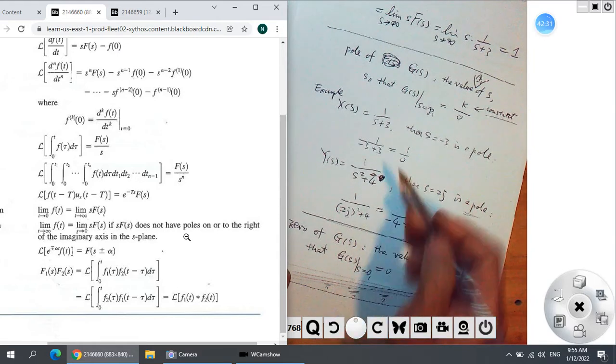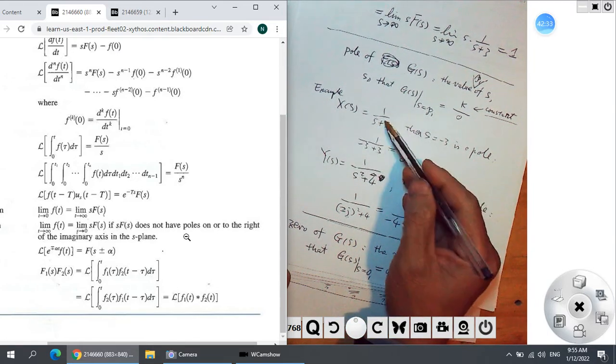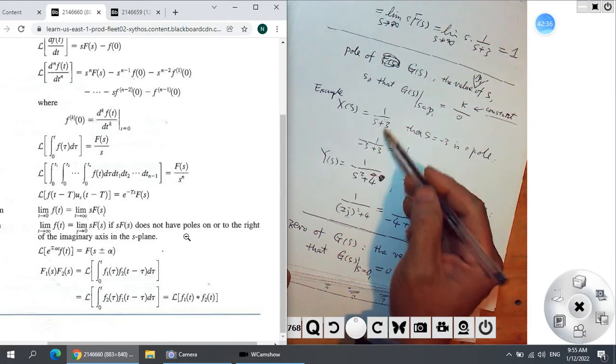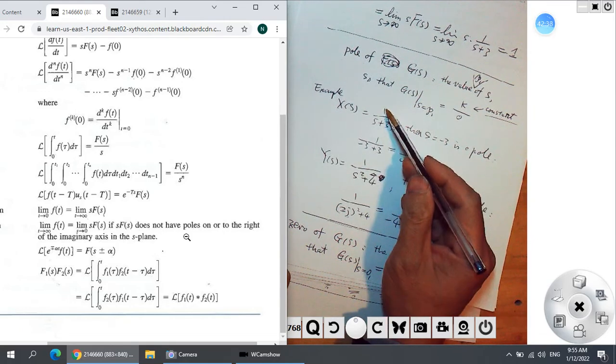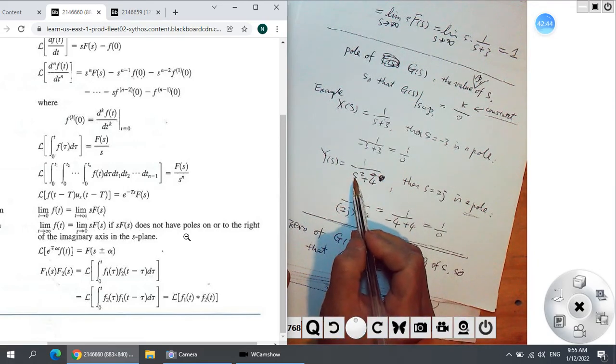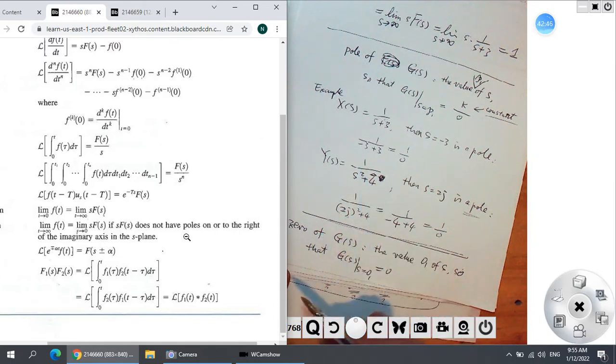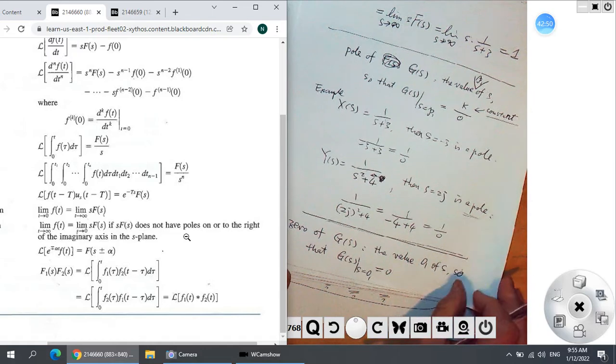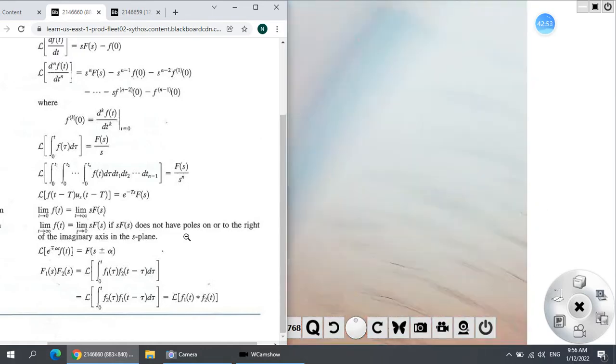Like these two examples, we do not have zeros, no matter what s is. The numerator is always 1, then the whole thing cannot be 0. Maybe you can think s going to infinity gives 0, but usually we do not use infinity as a value. We can have some other examples.